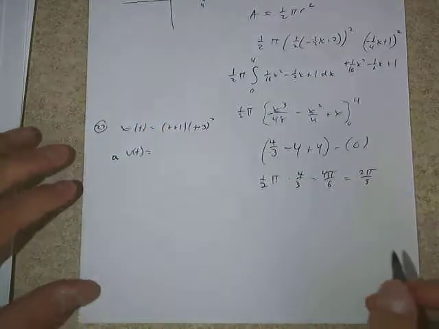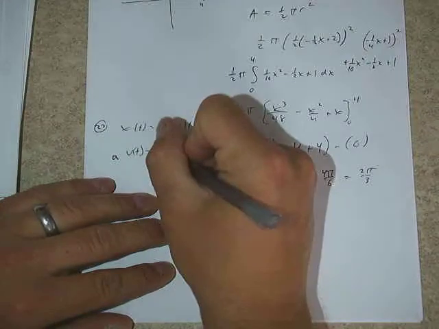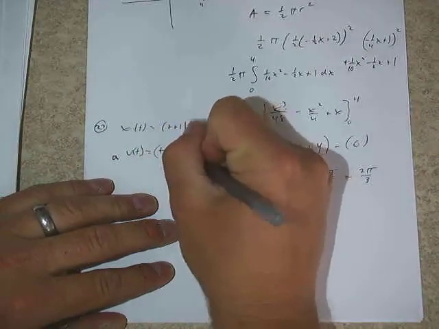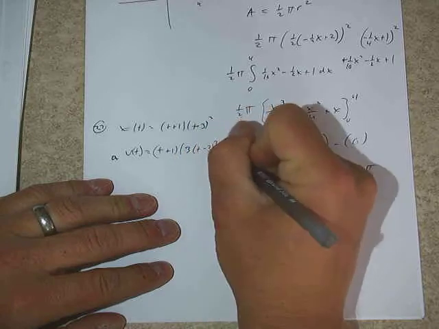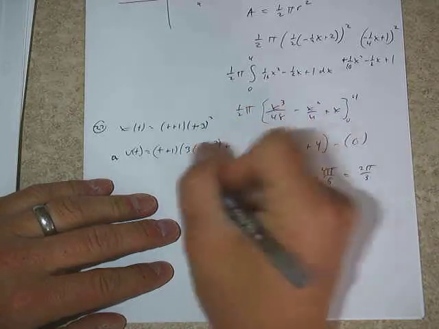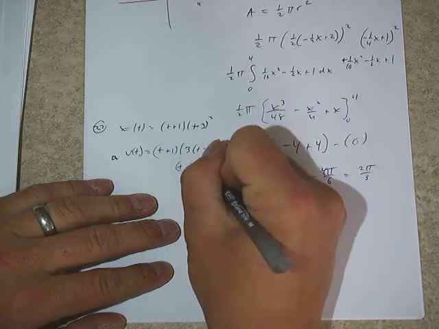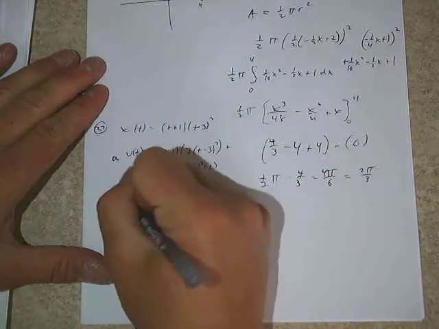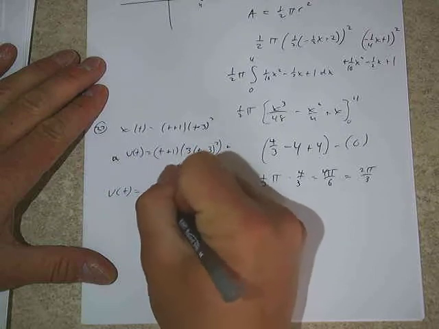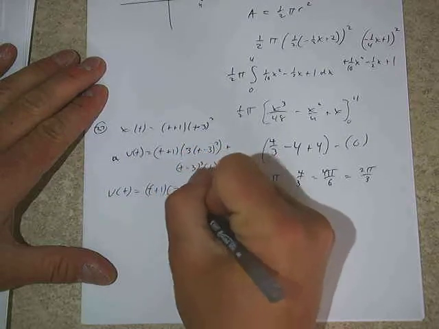If it was increasing, that would mean the what is positive? Not necessarily. It could be increasing and below the x-axis, couldn't it? So if the velocity is increasing, what other quantity has to be positive? Wouldn't the acceleration have to be positive for the velocity to be increasing?